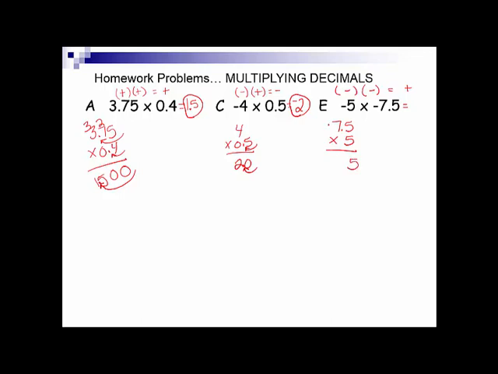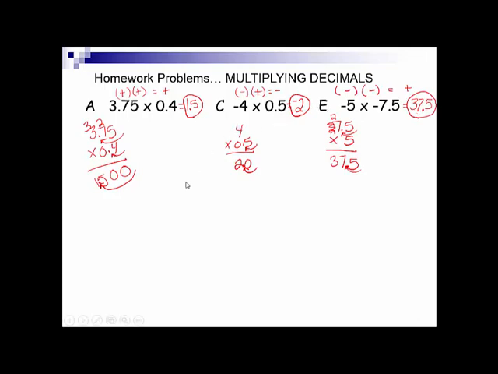Put down a 5, carry a 2. 5 times 7 is 35, and 2 is 37. I have to move my decimal point over 1 place, so I know my final answer will be positive, since a negative times a negative is a positive. 5 times 7.5 is 37.5.